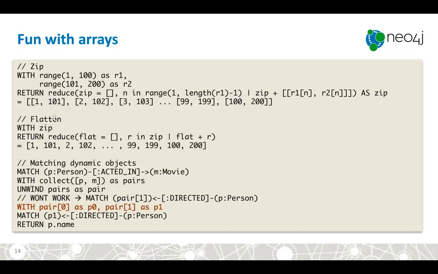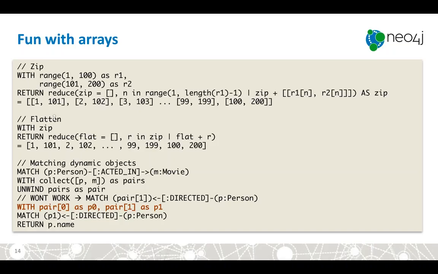So arrays are also a very useful data structure in addition to maps. The first example here is just showing how you can use nested array structures in Neo4j to save data. So this is a very common data structure for storing pairs of data in an intermediate operation that you then pass on for consumption later in the query.